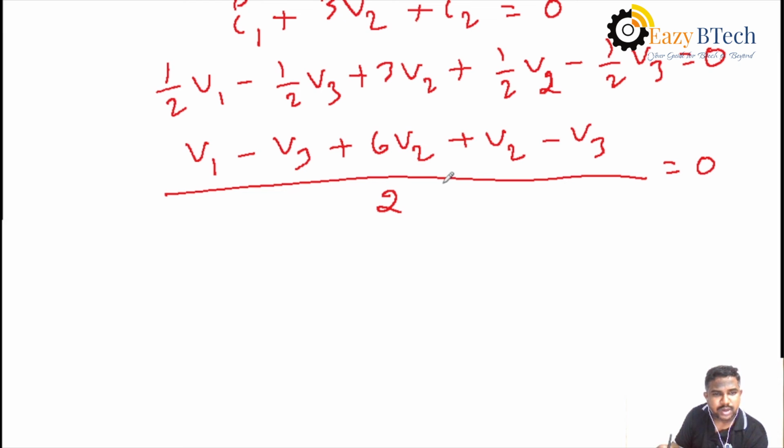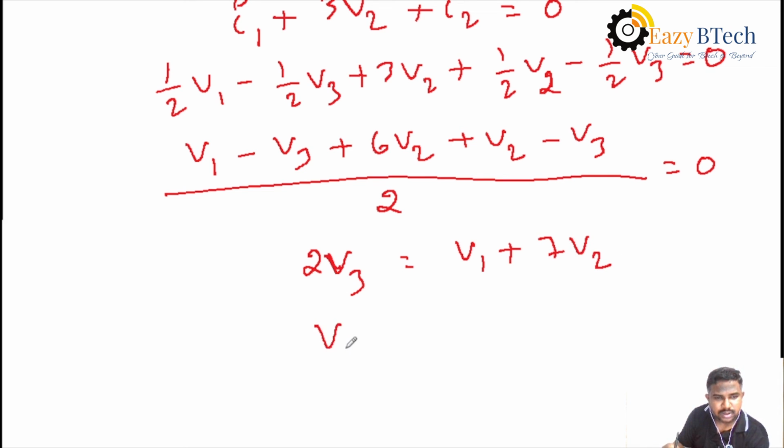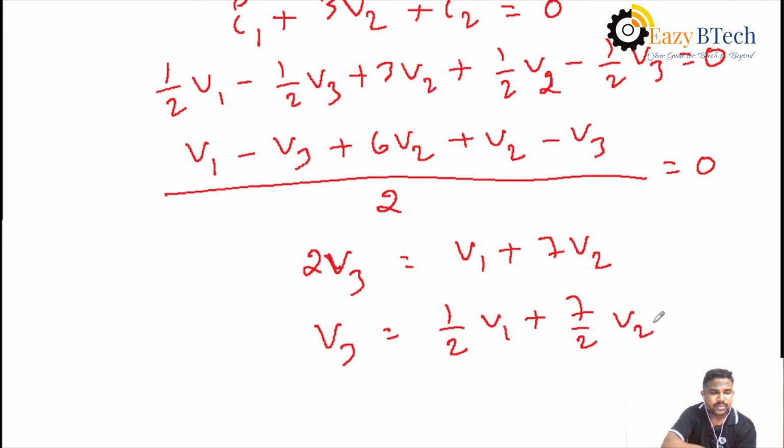Then combine: V3 minus V3 minus V3, that is 2V3, and write it on the other side. Then V1 plus 6V2 plus V2, that is 7V2. From that, V3 equals 1 by 2 V1 plus 7 by 2 V2. That is the V3 value.